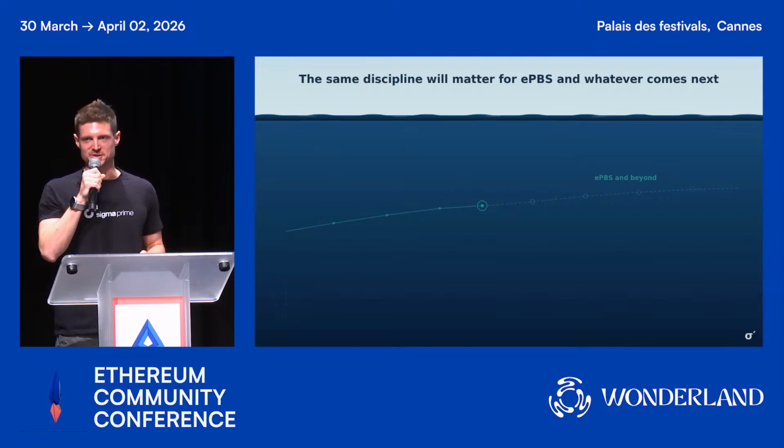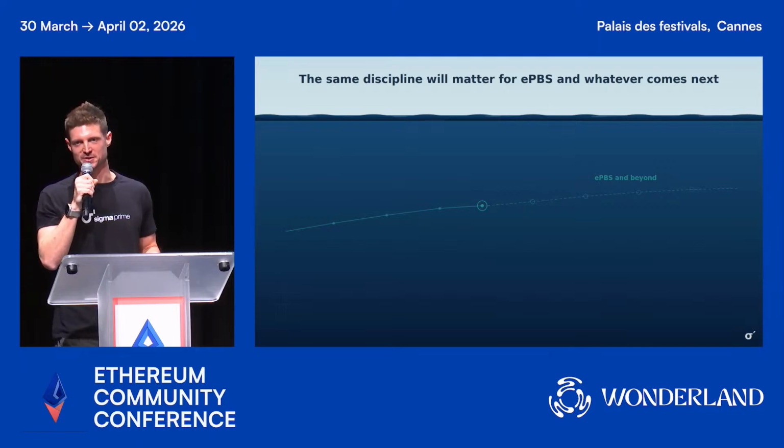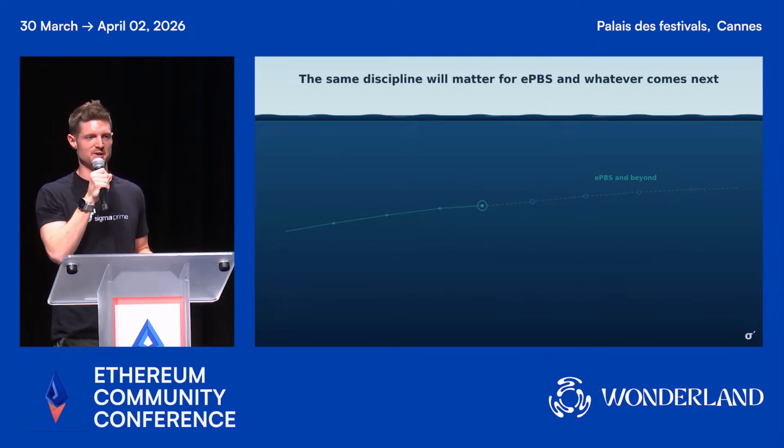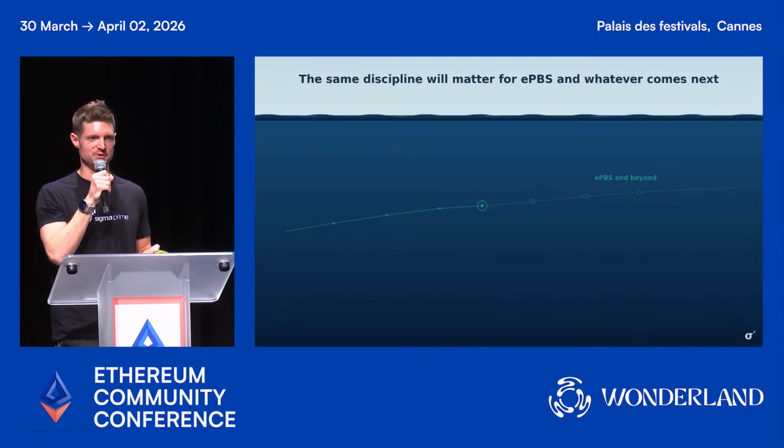What is going to be coming in the future? One of the biggest things will be ePBS, where we will be introducing a new payload timeliness committee. With said committee, we'll also have a restructuring of the slot, and that will have some different timing constraints of when we need to produce, let's say, attestations.